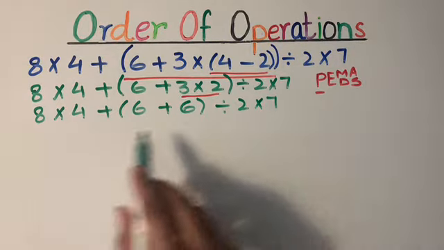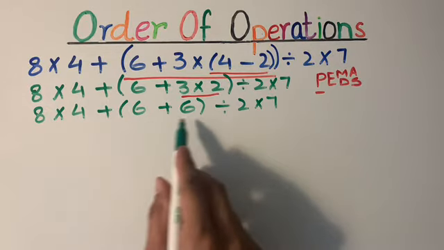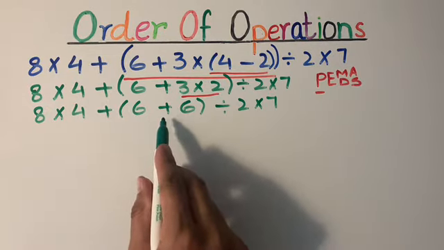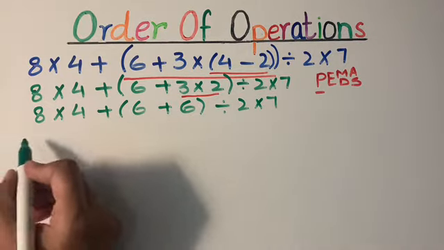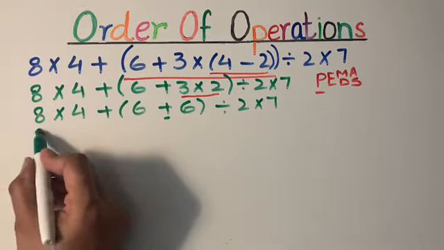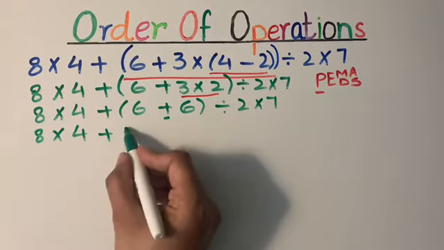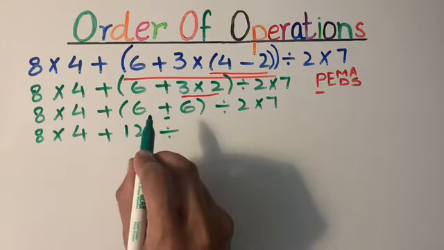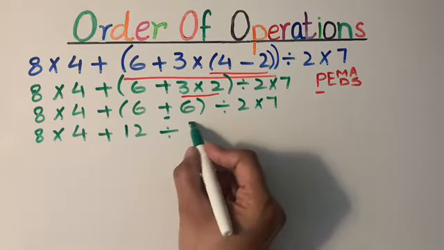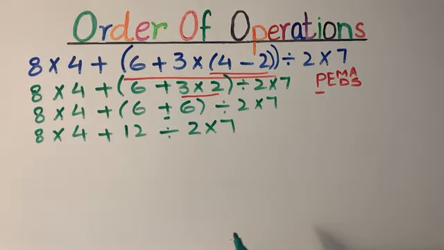Right, so now we have to solve this one, and we have just one operation inside the parenthesis, which is addition. So 6 plus 6, 12. No parenthesis because there is no more group. And here comes the rest of the equation.